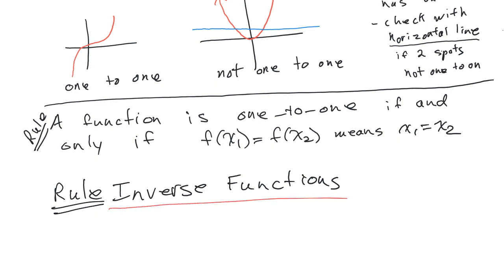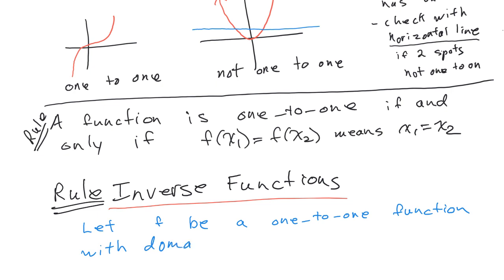So when we talk about inverse functions, this is what it is. So this is the rule. Let f be a one-to-one function with domain, so that's our x values, big X, and range.